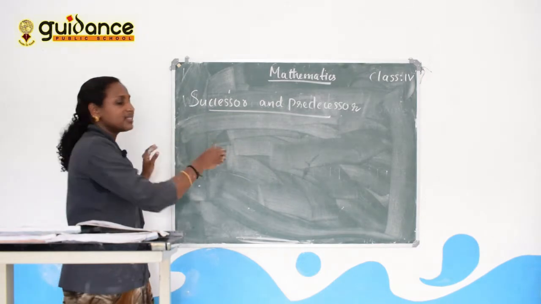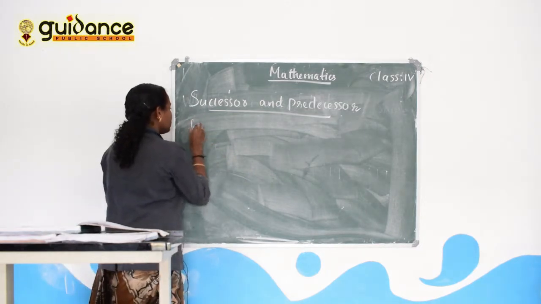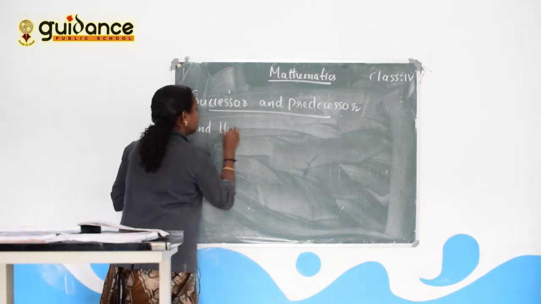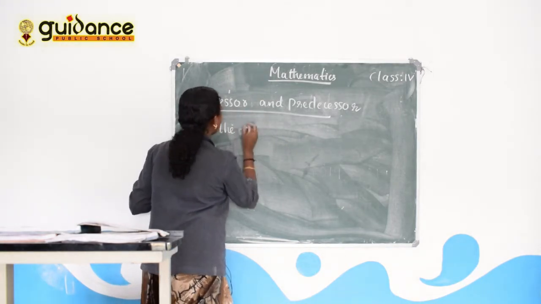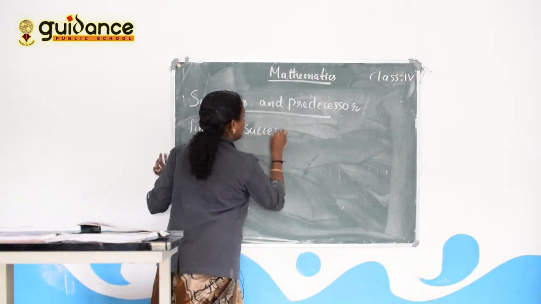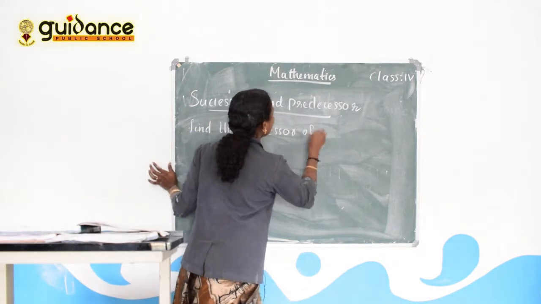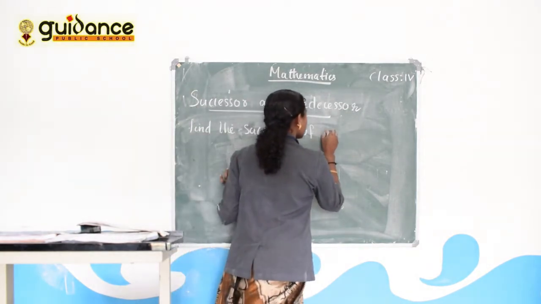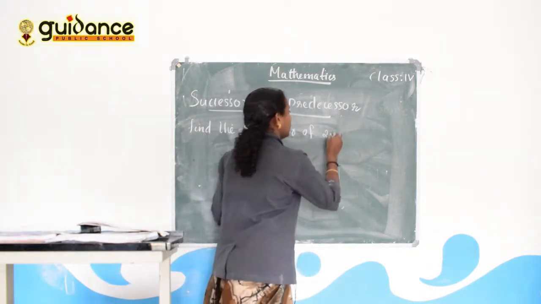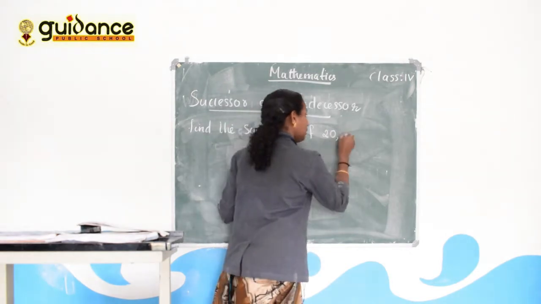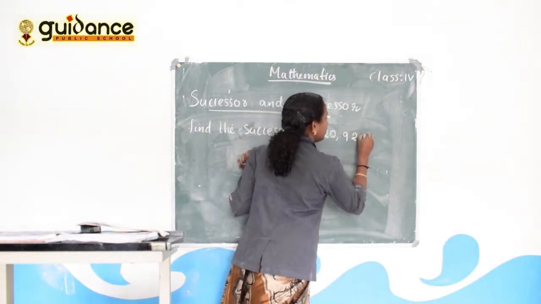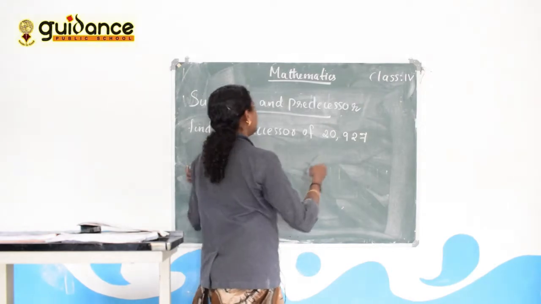Okay, so I'll give one example. Find the successor of 20,927.